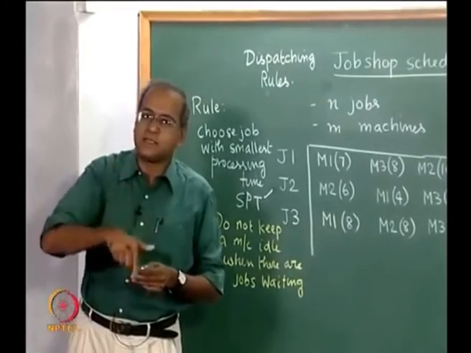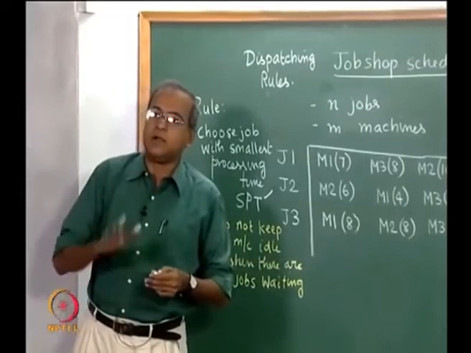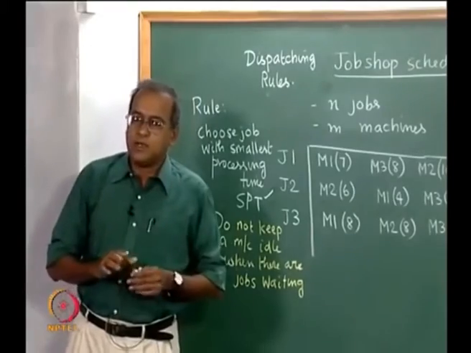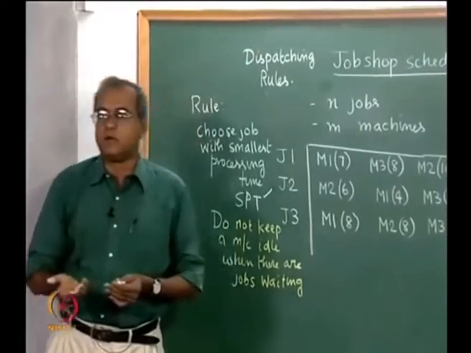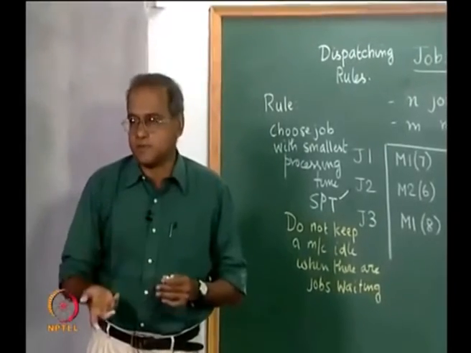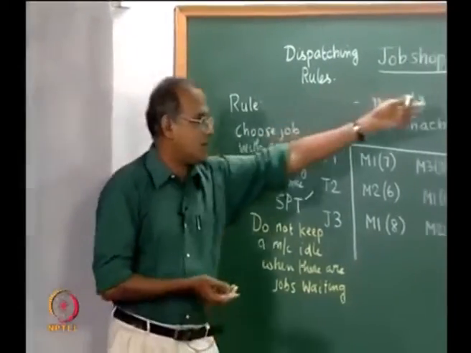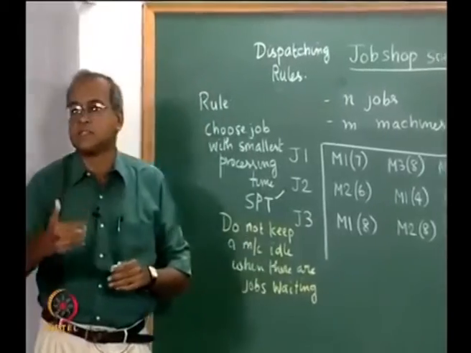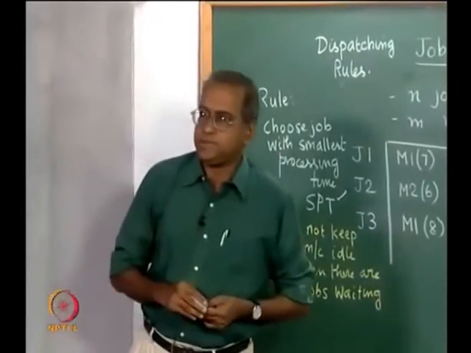Now, those ties are broken by what are called tie breaking rules. A commonly used tie breaking rule could be first in first out or lowest subscript. In this case, J1 would be seen as a job with the lowest subscript and so on.